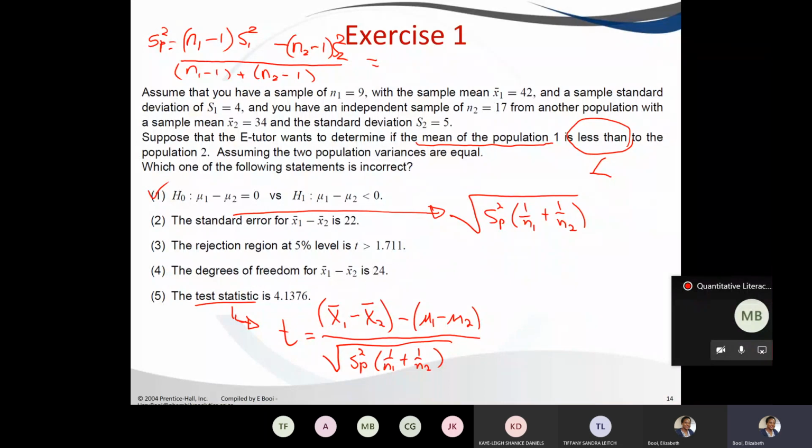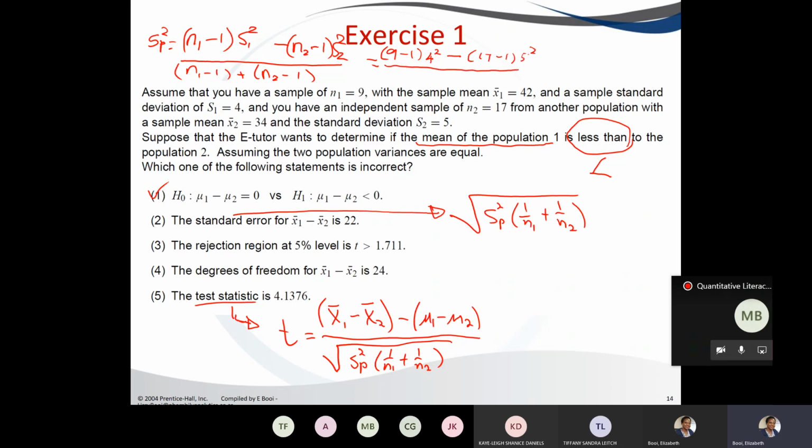And if we substitute the values, remember your n1 is 9. So you're going to say 9 minus 1, times the sample variance. They have given us the standard deviation, so S1 is 4, and we square that answer. Plus, in brackets, our n2 was 17, so 17 minus 1 times our standard deviation S2, which was 5, squared.